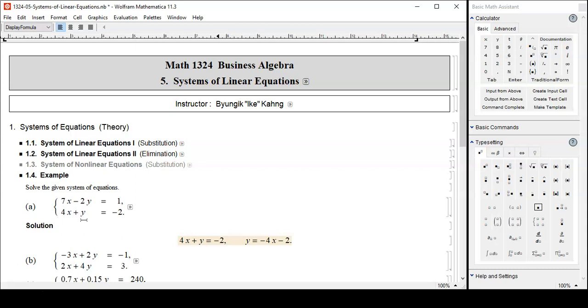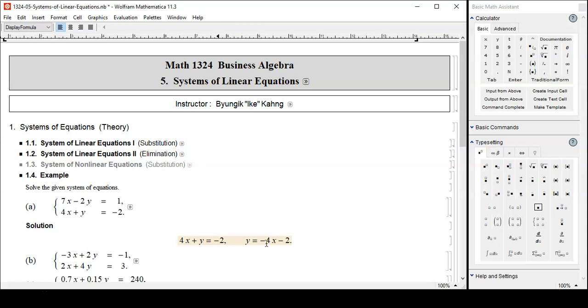So I don't have to divide by anything. For example, if I want to select the first equation and solve with respect to x, I'll have to divide by 7. Dividing by 2, dividing by 4, and this one dividing by 1, in other words, no division. So that's the simplest. That's why I selected the second equation.